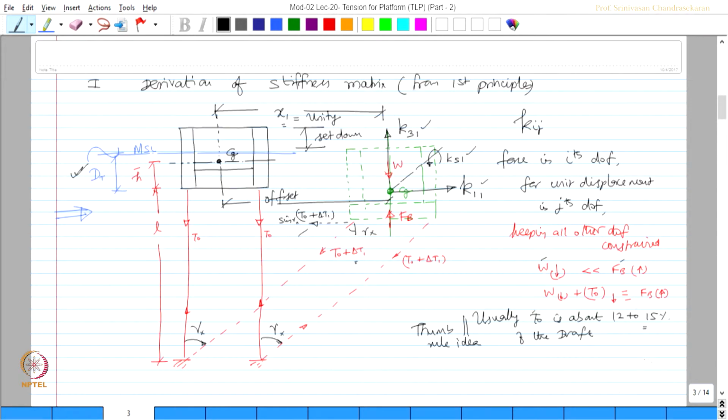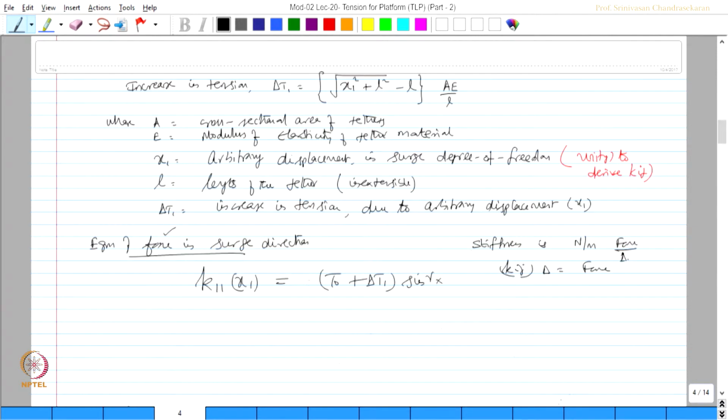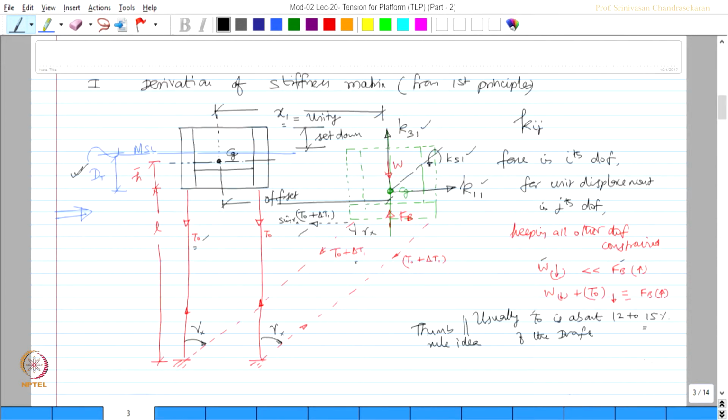But friends, please see, TLP has got 4 legs or 4 columns. Each column will have a set of tethers. So, each tether value is T0, there will be 4 such legs. Further, from the figure, sin gamma x is actually equal to x1 by root of x1 square plus L square. You can see from this geometry, sin gamma x will be x1 by root of this value.